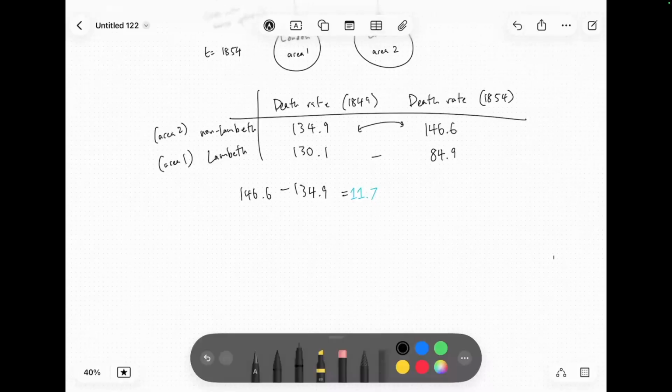So there's an increase of this, and then we have 130.1 minus 84.9, which is equal to 45.2. So the true effect of this would be a 56.9 decrease in death rate as a result of the treatment. Okay? Everyone follow along?